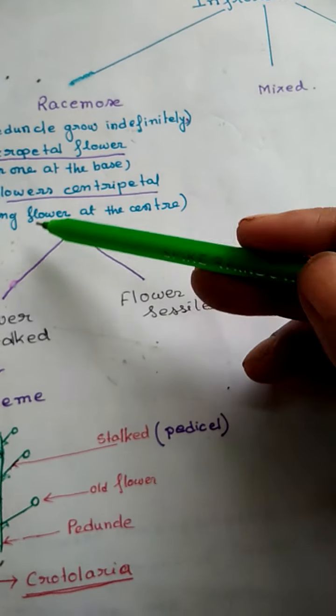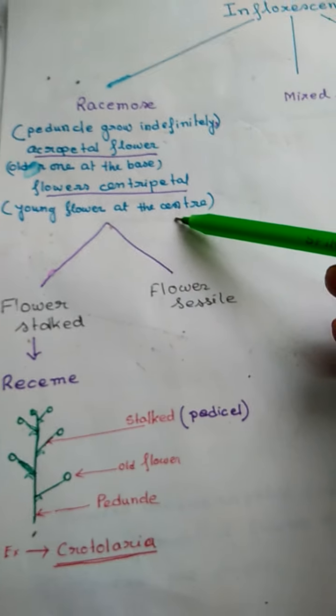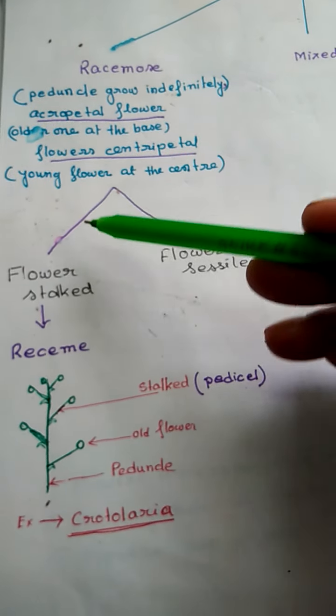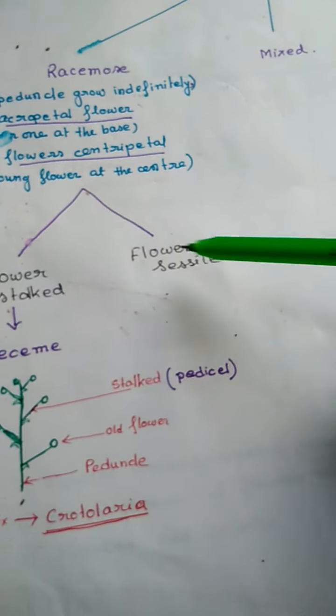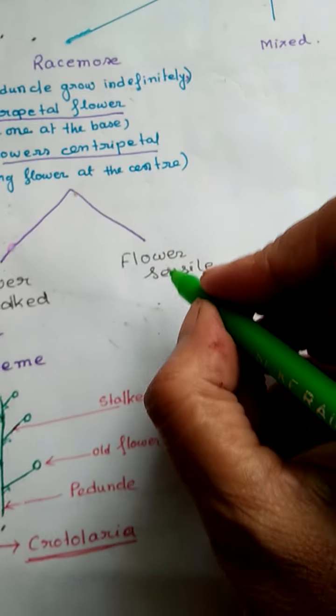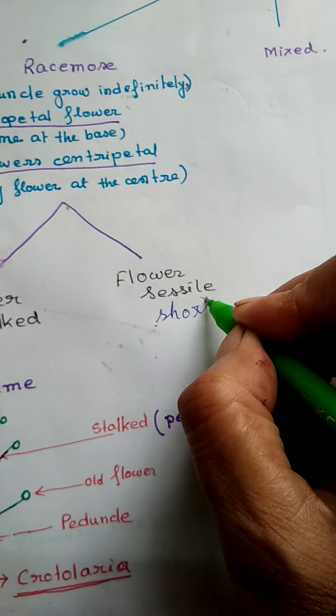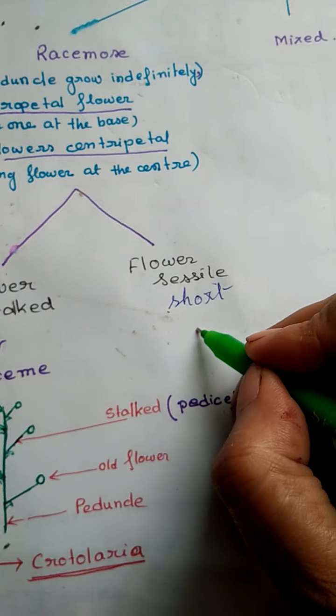Flowers are centripetal, means the young flower is at the center. There are two types of racemose inflorescence: one with a stalk and another one sessile, or you can say with a short stalk.